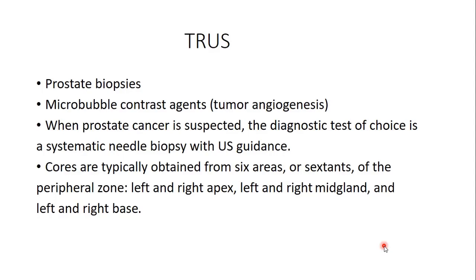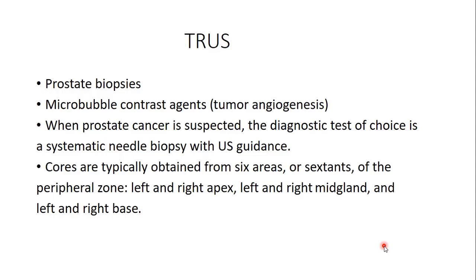With the development of microbubble contrast, TRUS has now played a role in the detection of prostate cancer. We all know that the tumor is highly vascular. Because of the increased angiogenesis in the tumor, microbubble contrast helps in detecting prostate cancer, which I will discuss later in detail. When prostate cancer is suspected, the diagnostic test of choice is systematic needle biopsy with ultrasound guidance.